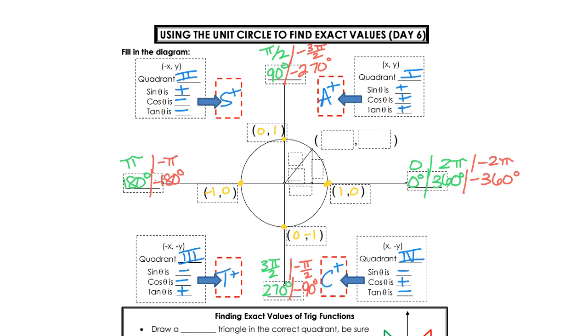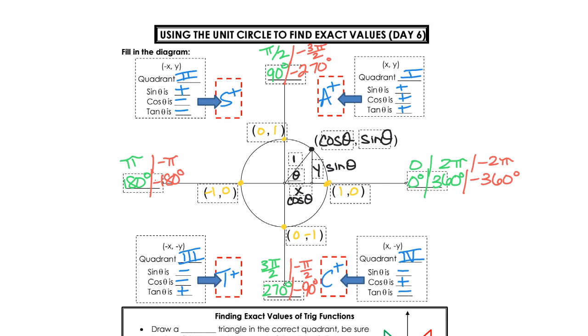Okay. Inside of our triangle here, we know that this is theta, that the length of the hypotenuse of our triangle is 1, because that's the radius of the unit circle. This is our x distance. This is our y distance. However, x is also known as cosine theta, and y is known as sine theta. So this point up here would have coordinates of cosine theta, comma sine theta.